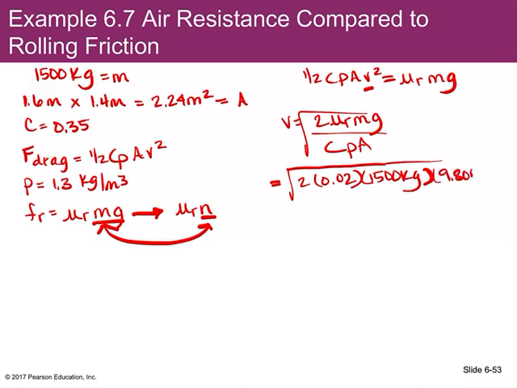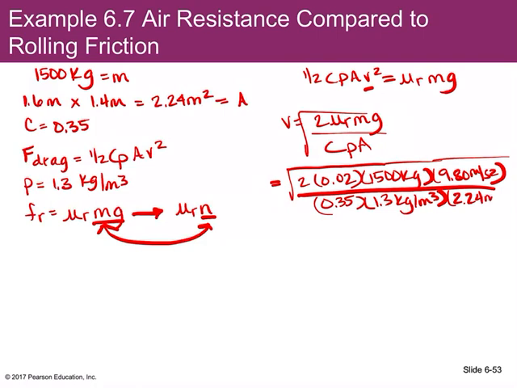The gravity is, of course, 9.8. We're going to divide that by our drag coefficient, which is 0.35, times the density of air, times the area that we got, which was 2.24.